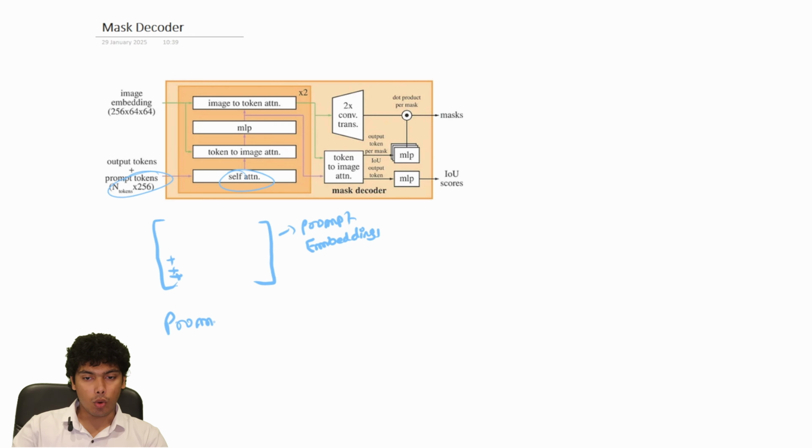After that, in the token to image attention, all the prompt embeddings are updated with the contextual information from the image embeddings.